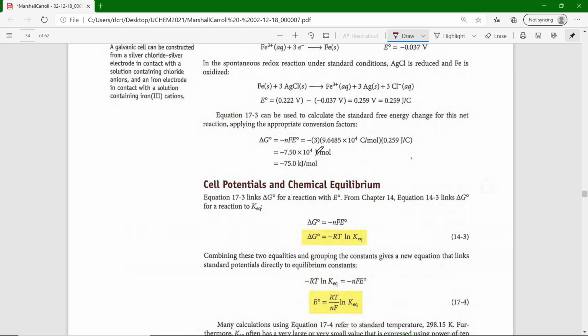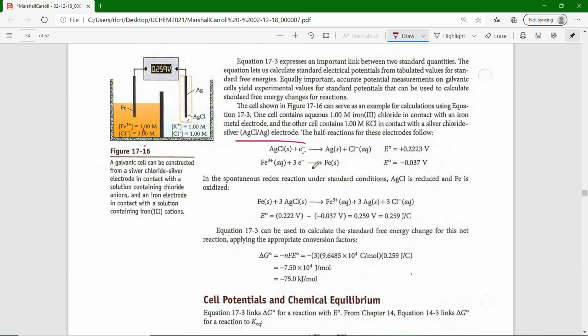So delta G naught is minus 3 because you're transferring 3 electrons, times the Faraday constant, 9.6485 times 10 to the 4 coulombs per mole, times, what the heck is this? This is my cell voltage, 0.259 joules per coulomb, and you get minus 75 kilojoules per mole when you convert to kilojoules per mole.